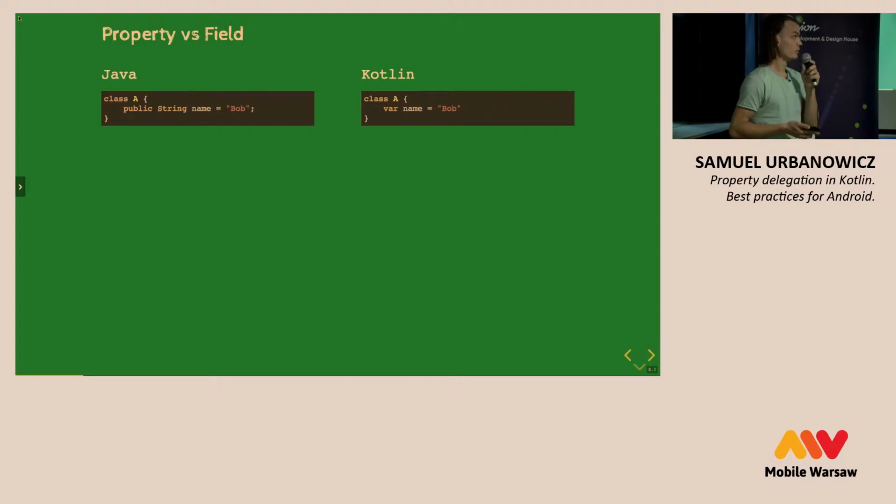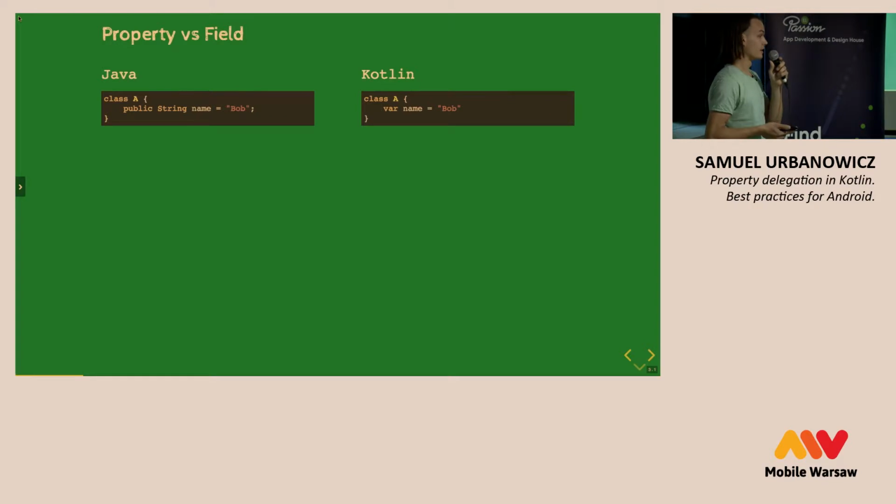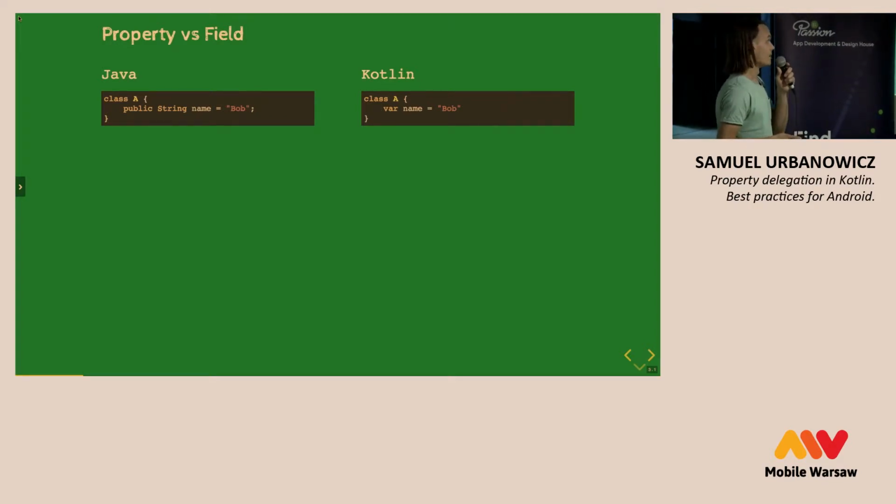So let's start with taking a look at the concept of the property. As you can see on the right, we have a Kotlin property called name, and it looks pretty much similar to the declaration of a Java field. But in fact, those are two different things.